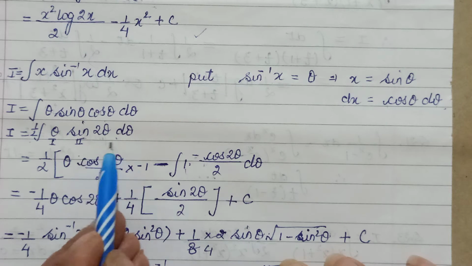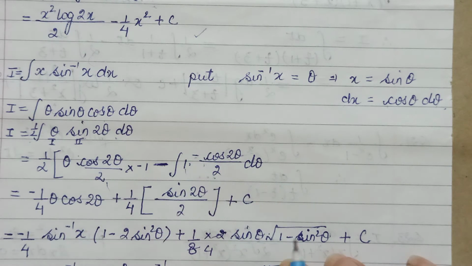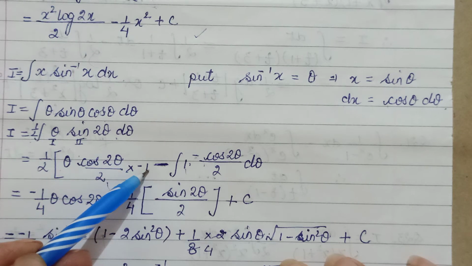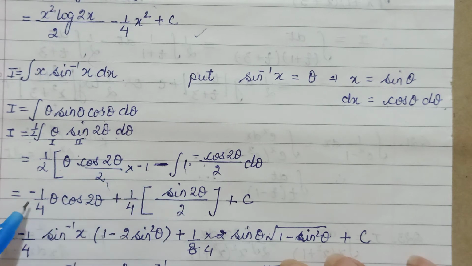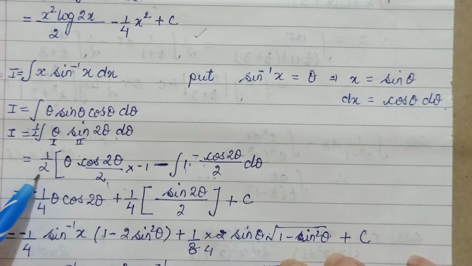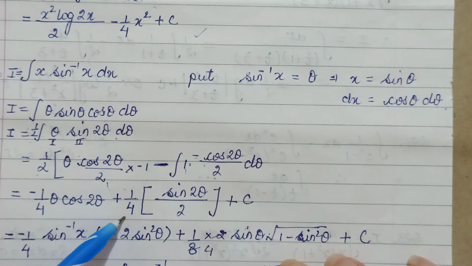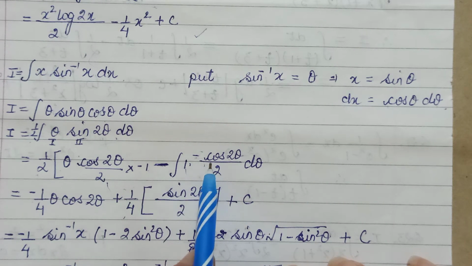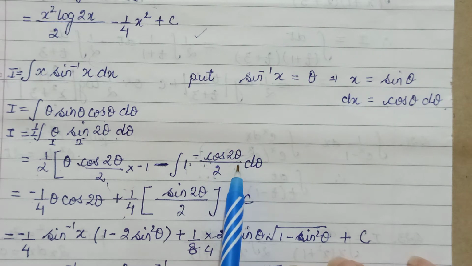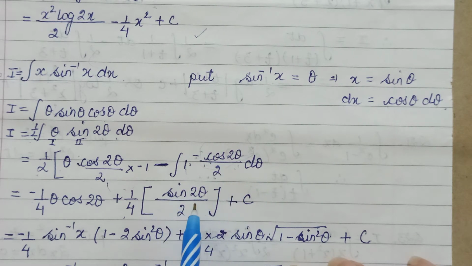That expression has to come out the same. Okay, now so this becomes 1 by 4 theta cos 2 theta, and this half will be multiplied here as well, as this will become negative times. There was 2 here and 2 here in the denominator, so 1 by 4 times, and then these two negatives have made this positive. Now we simply need to integrate cos 2 theta. Integral of cos 2 theta would be sin 2 theta, and of course upon 2 because of this.